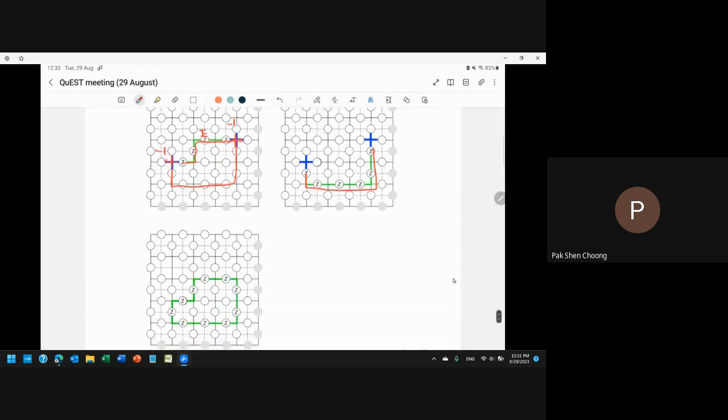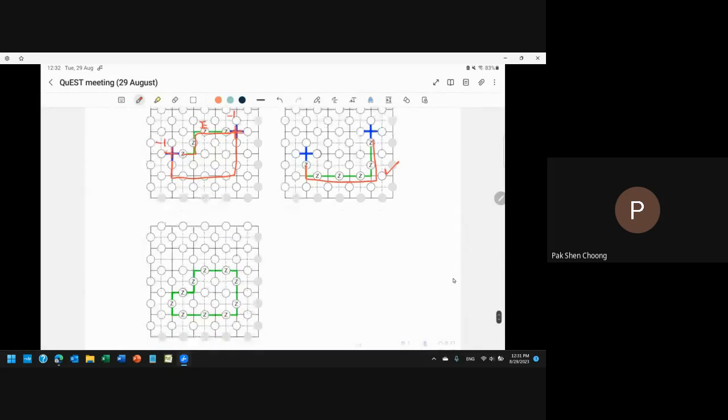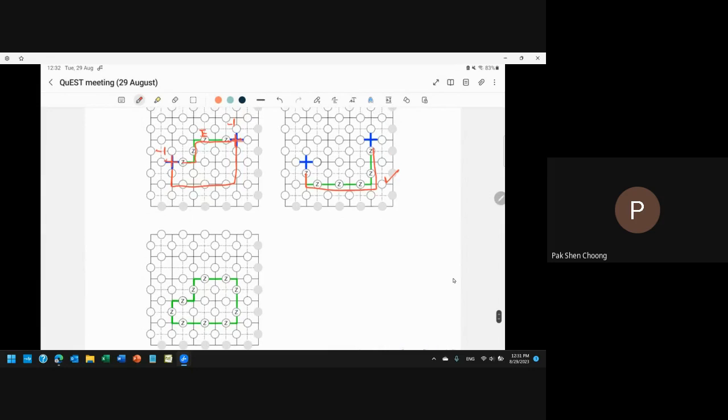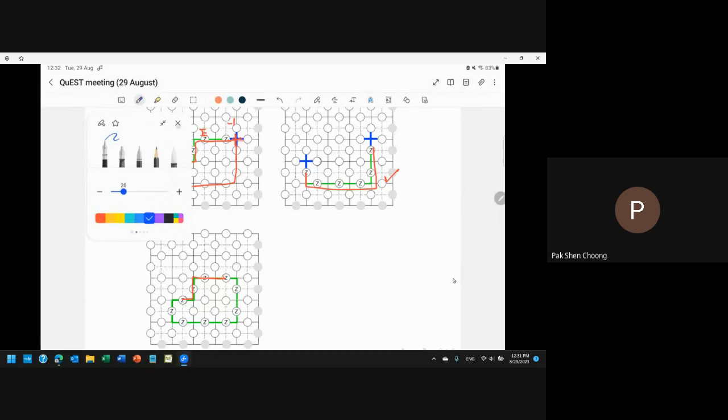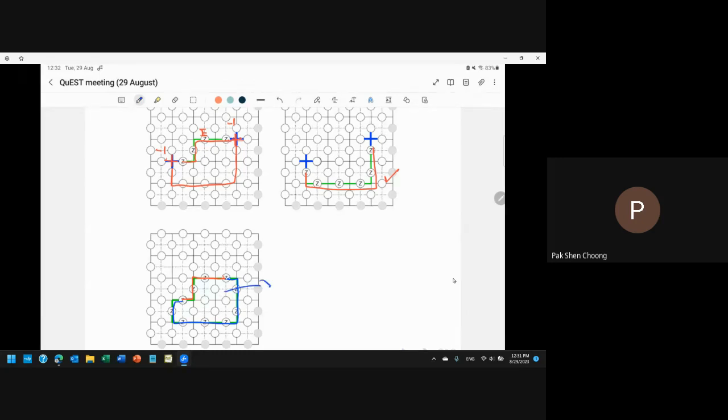So why does this work? Because if you consider this, this is your original error, and this is the path that you want to take to correct this error. And you find that this whole sum is actually elements in your stabilizer group.